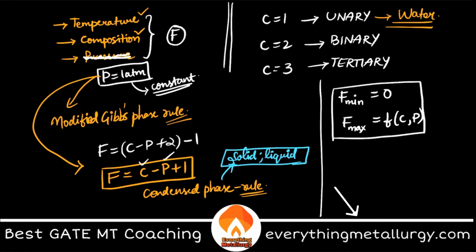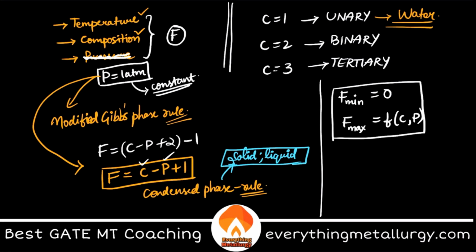But as of now, we are just focusing on the maximum number of degrees of freedom for a given system being a function of the components and the number of phases present in a system. Only when you know that, you can find out the maximum degrees of freedom.